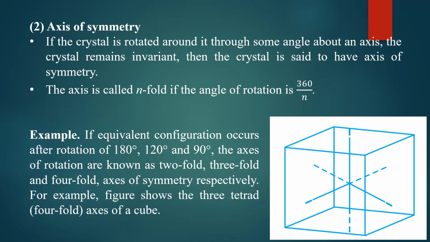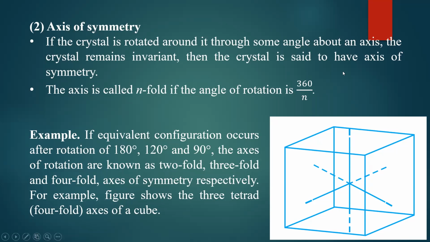So it is having n-fold symmetry, that is 4-fold symmetry. The axis which is passing through the center of the cube perpendicular to its face is having 4-fold symmetry, because one complete rotation gives you 4 identical structures. That means it is having 4-fold symmetry.